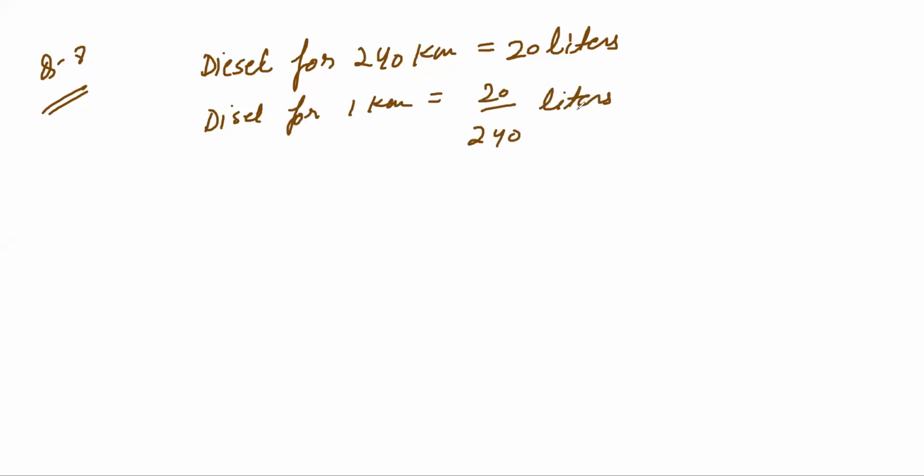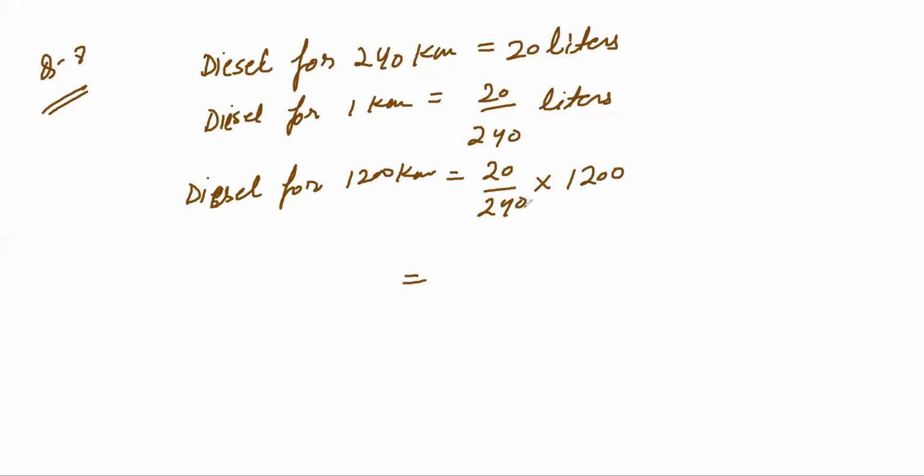Okay, now do not divide it, let it be written as it is. Now how many liters will be needed for 1200 kilometer? So diesel for 1200 kilometer is equal to diesel for 1 kilometer multiplied by 1200.